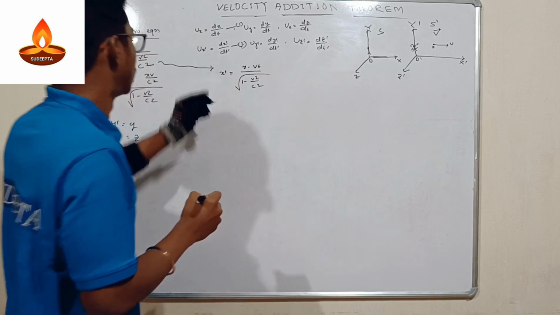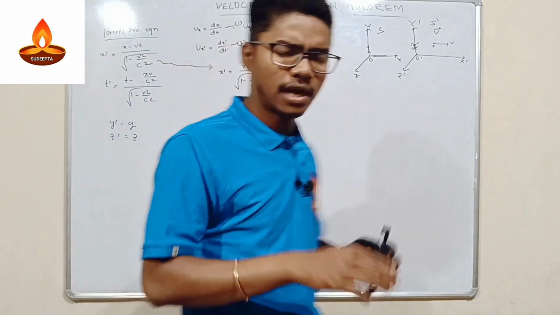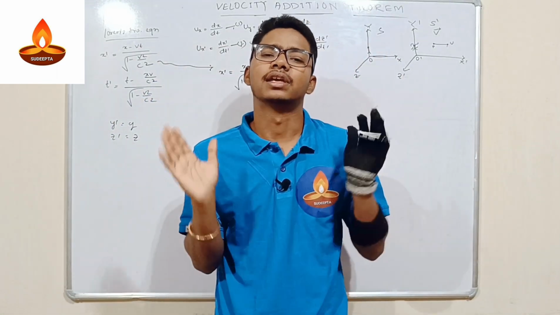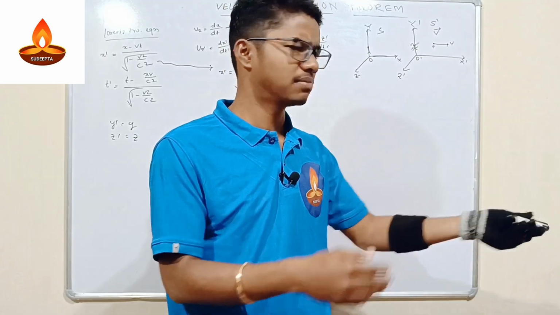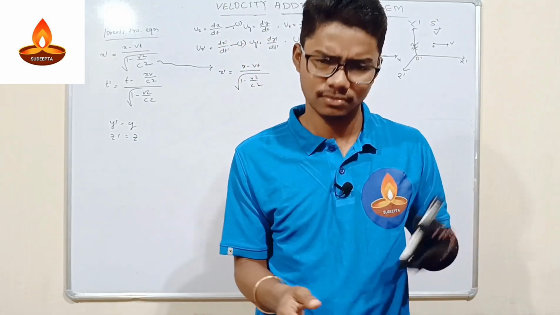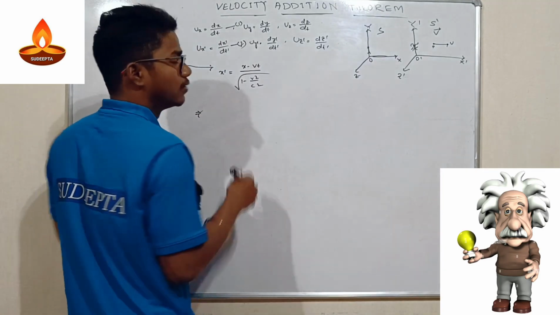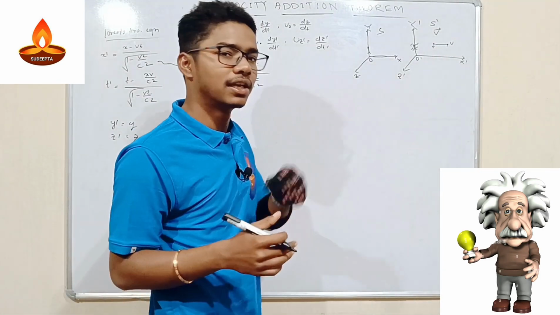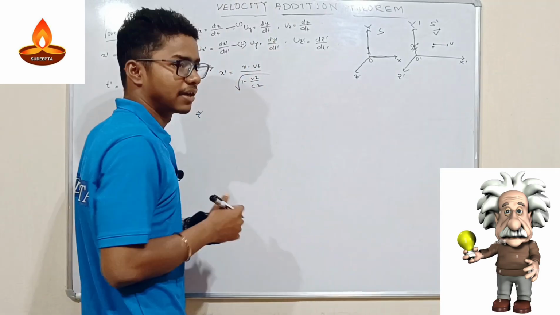We have to find dx dash and dt dash. Very simply we can find dx dash using differentiation. It is basic calculus. We'll do simple differentiation without any independent variable.